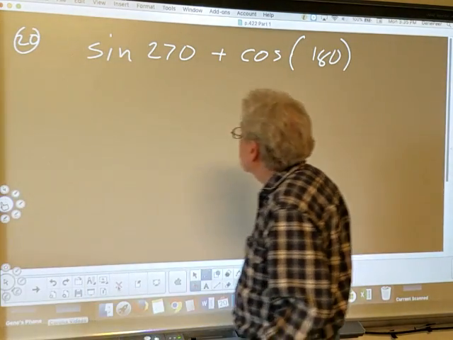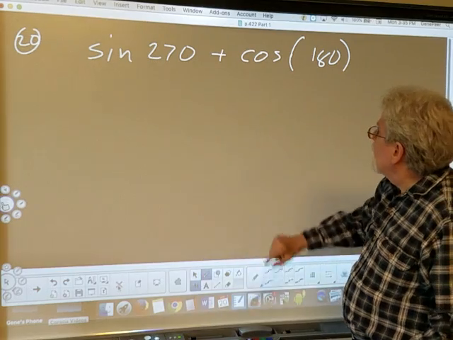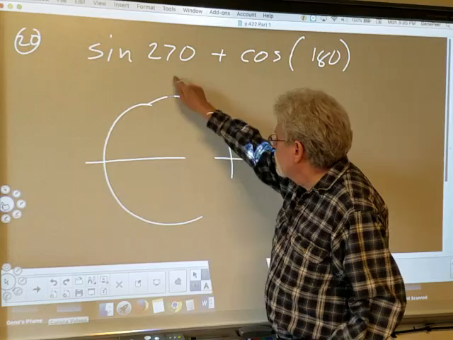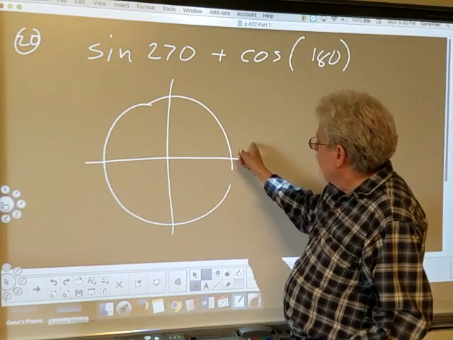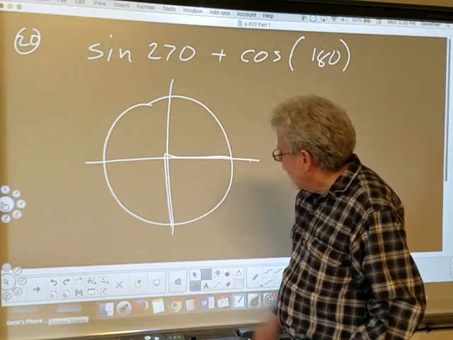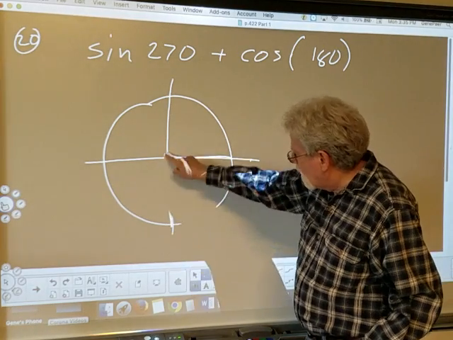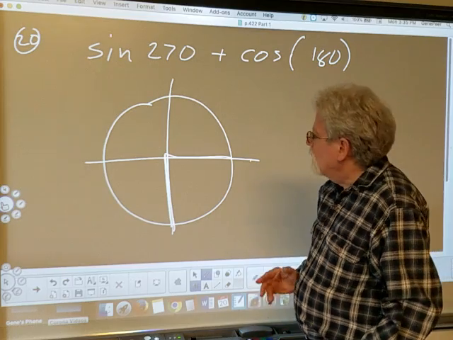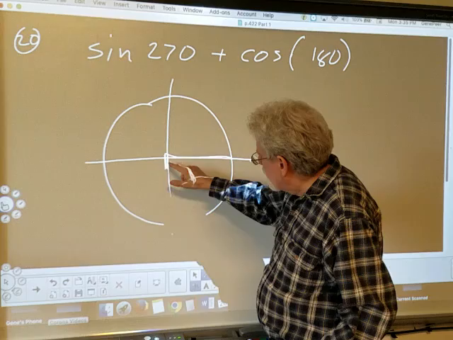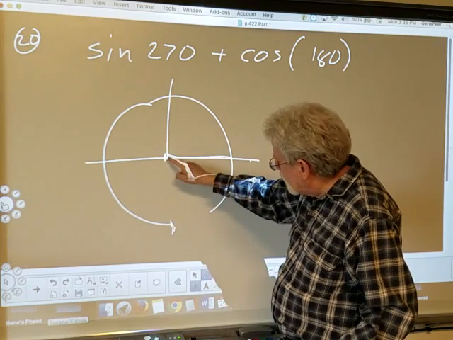Okay. Now, let's figure out the sine of 270. Sine of 270, unit circle. Where is 270? This is 0, 90, 180, 270 down here. How do you draw a triangle right on the axis? Well, you don't, but we kind of fake it. We'll draw ourselves a little imaginary triangle here as if it were not exactly 270 degrees.